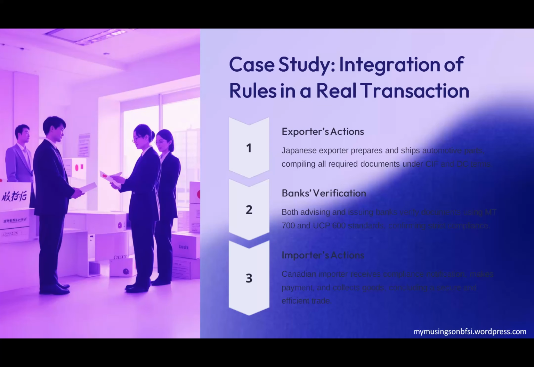Alternatively, they would say documents are discrepant and ask whether they are willing to take up the discrepant documents. So these are some of the risks in the letter of credit transaction, and the practices by way of the framework of UCP, Incoterms and MT700 help the parties to efficiently transact using a letter of credit.